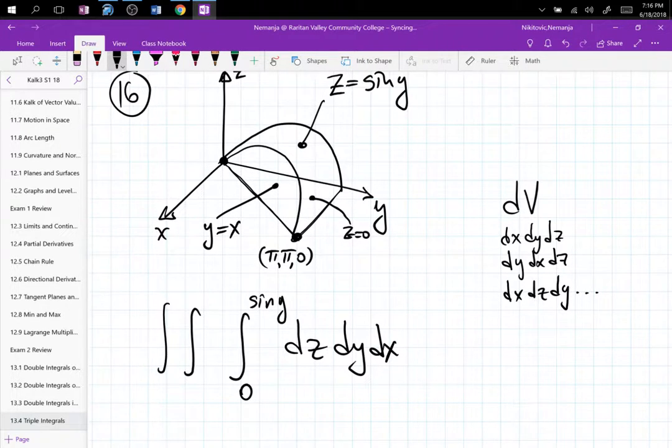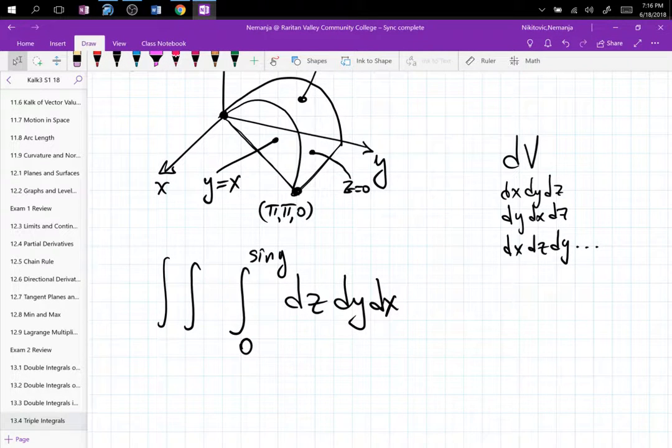Now, what is helpful is to draw the shape of the domain, in our case our triangle, on the xy plane on the side, and see its shape and draw the dx rectangle so that you can do this properly.